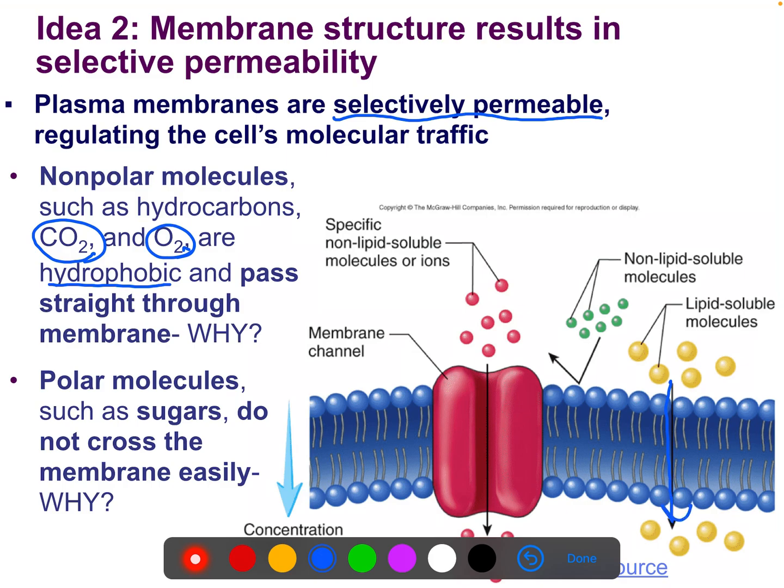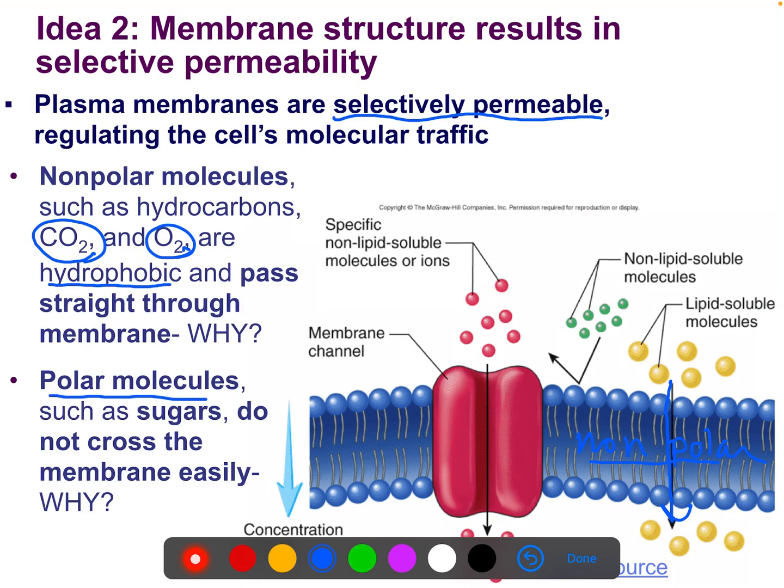Why can these pass straight through? Well, we have this big region of nonpolarness in the phospholipid tails. Those molecules, because they're small, can fit through the phospholipids. And when they get to this nonpolar region, they're not going to be afraid of that. They're going to like that. And so that's why they're able to just pass through the membrane.